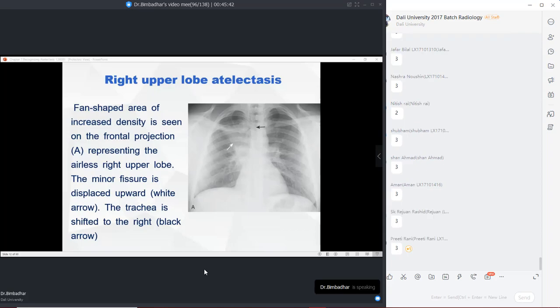Somebody is saying 2. Nitish, why 2? Shubham, why 2? Nitish, you are talking about the left. I'm talking about the right.